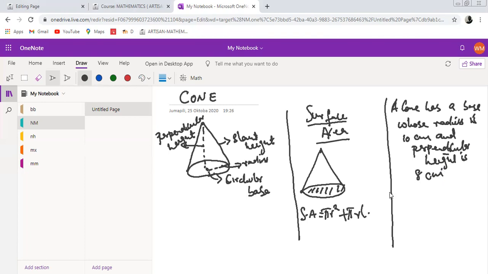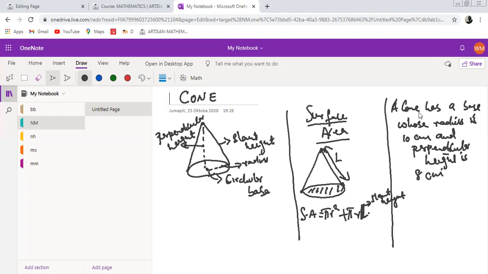Now you are told to calculate the surface area. So first of all, I need to explain that the l here in pi r l is the slant height. This height from the top to the circumference of the circle at the base, this particular length, is normally called the slant height, and it is normally represented by l.